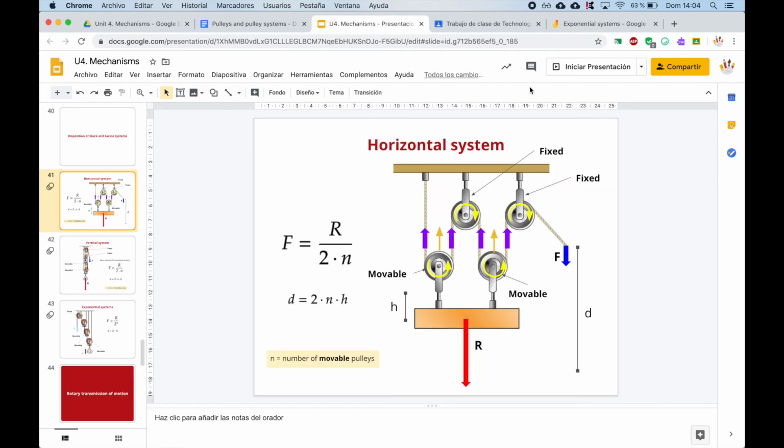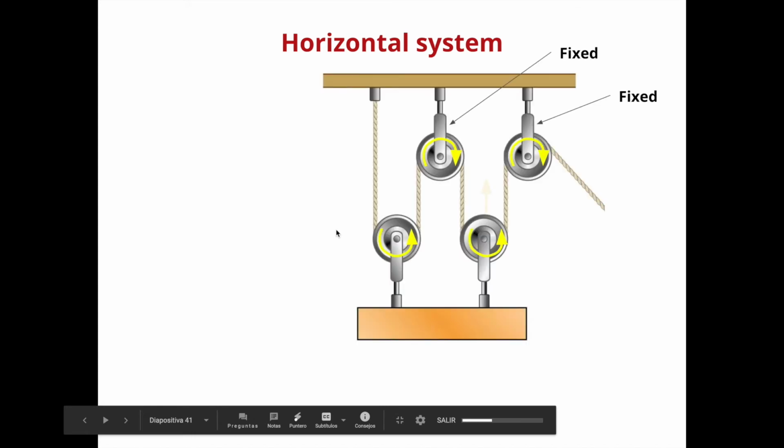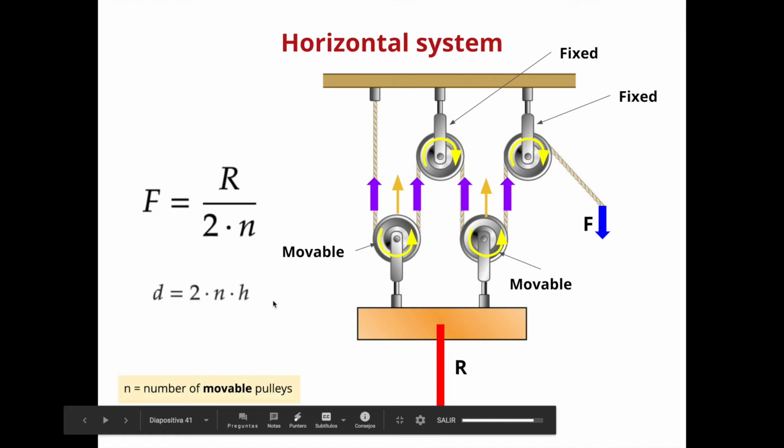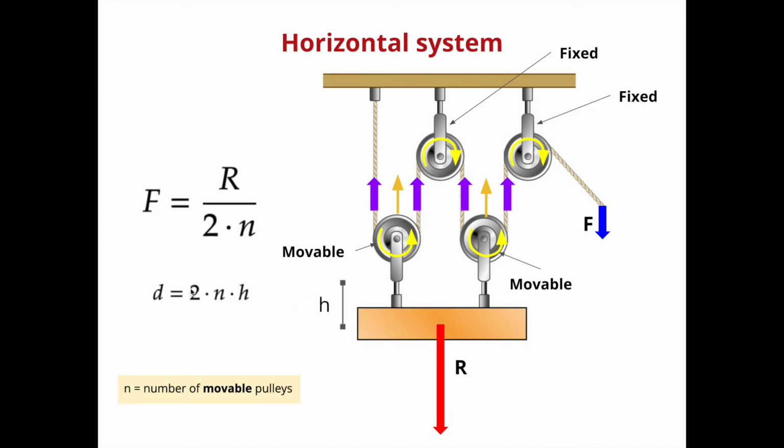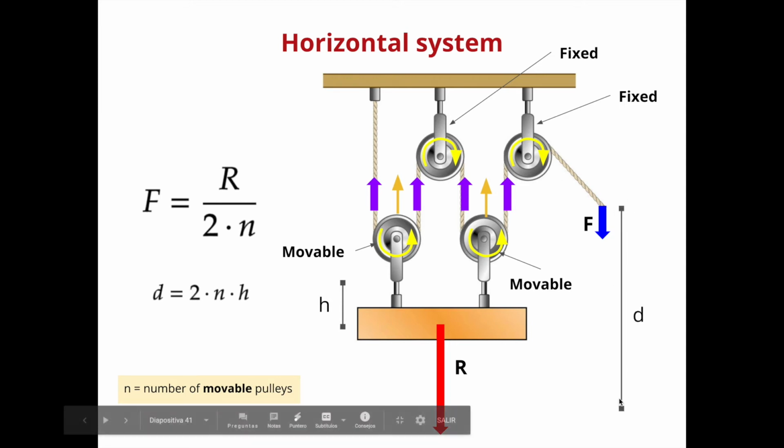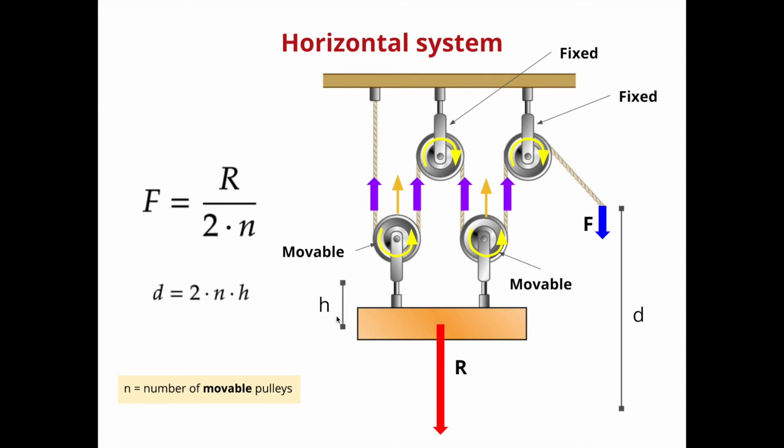So in this case, this is what we have. The distance we have to pull is going to be 2 times the number of movable pulleys times the height we want to lift. That's it.